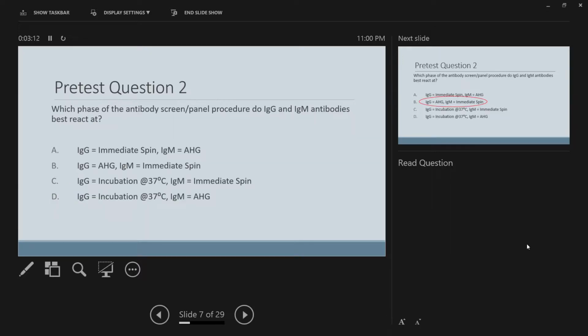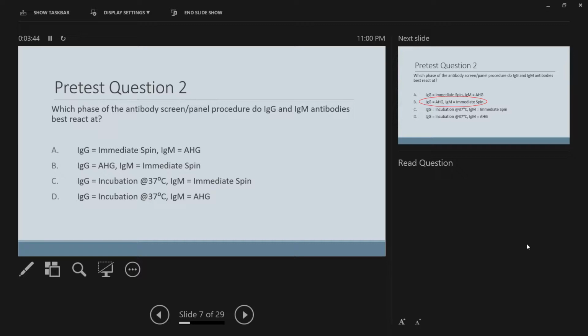Question 2. Which phase of the antibody screen or panel procedure do IgG and IgM antibodies best react at? A, IgG reacts best at the immediate spin phase, whereas IgM reacts best at the AHG phase. B, IgG reacts best at the AHG phase, and IgM reacts best at the immediate spin phase.